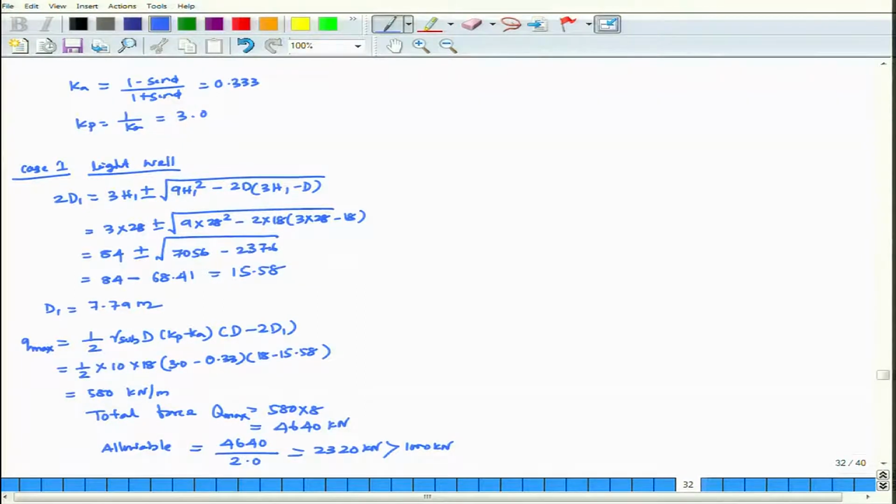Now similarly for heavy wells, case 2, that is the case of your heavy well.